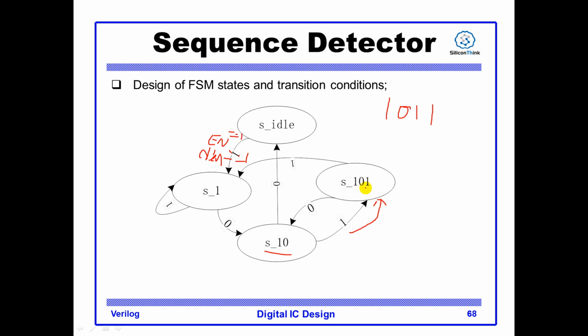At this state, if it receives a 0, it will transition to this state. And if it receives a 1, it will generate the match output and transition to this state. This state may be the first bit of the next group.